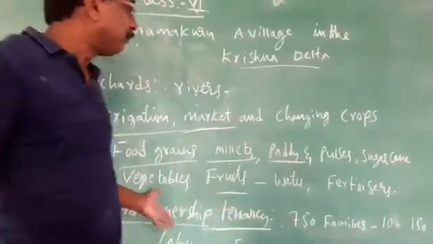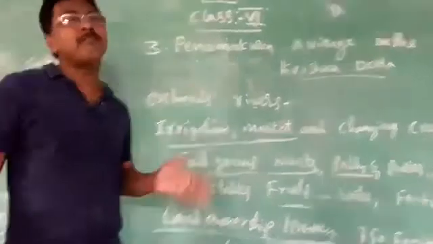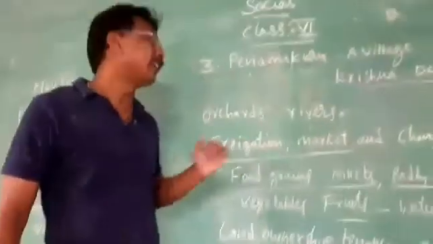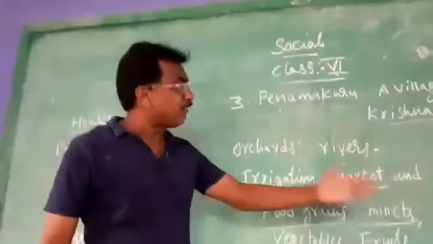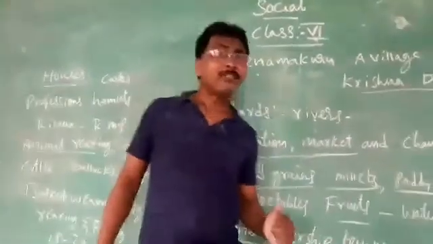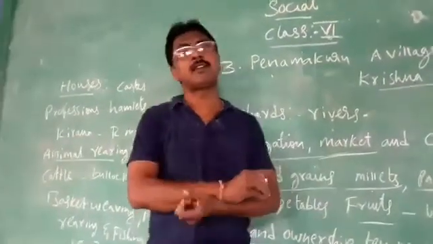Some 10 families or more are having 10 acres of land, and 150 families are having 5 acres of land.